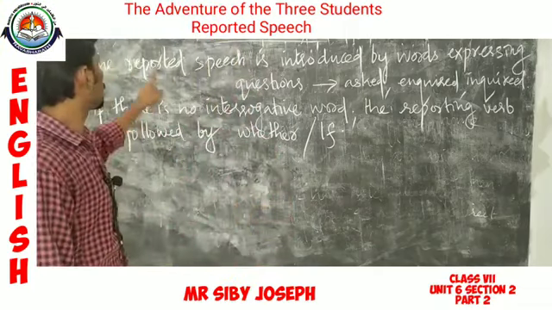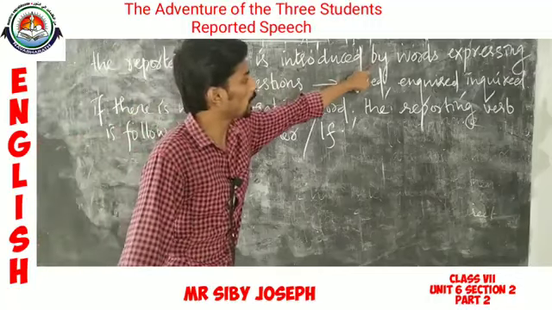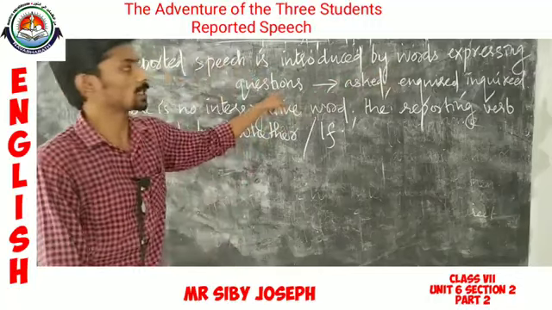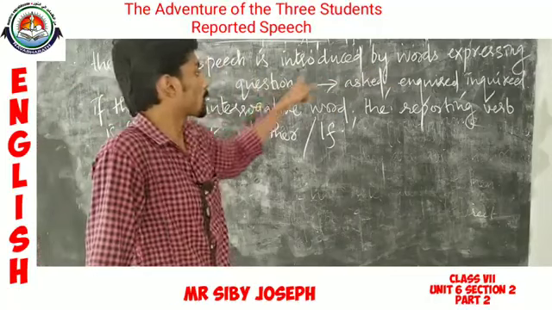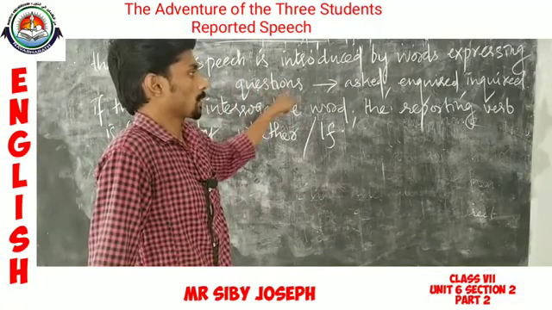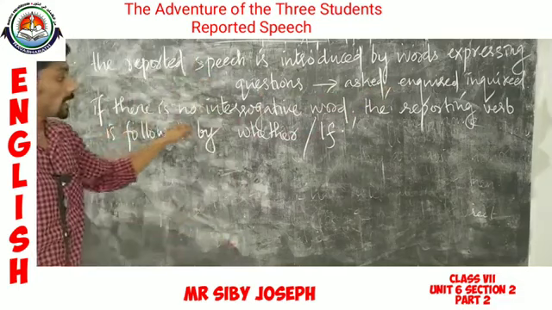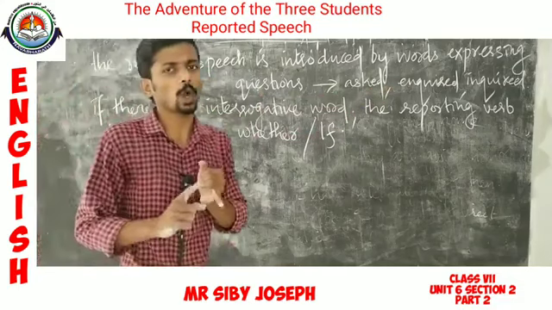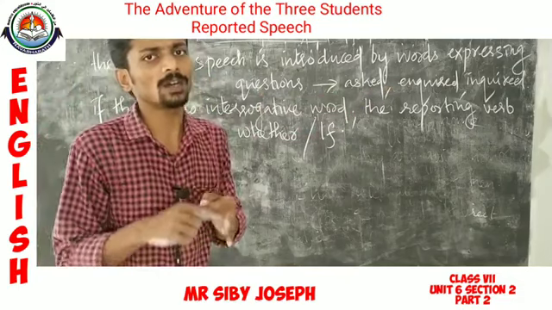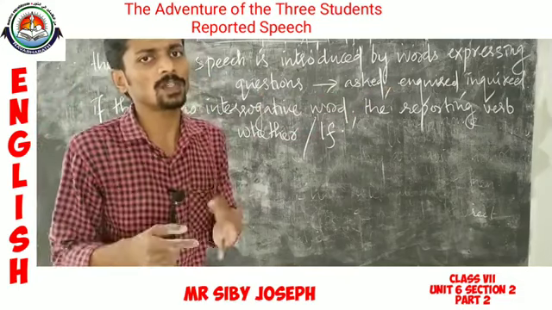The first one is the reported speech is introduced by words expressing questions. We have to use words expressing questions such as asked, enquired, inquired, etc. And if there is no interrogative word, you all know why, when, which, the words which we use to make questions. So, if there is no interrogative word, for example, will you come tomorrow?